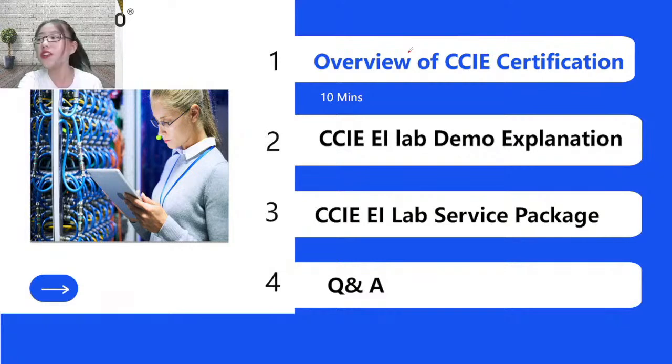So, do you know CCIE certification? Anyone who knows can comment below. Do you know CCIE EI lab demo? Don't be shy, I need you to interact with me.